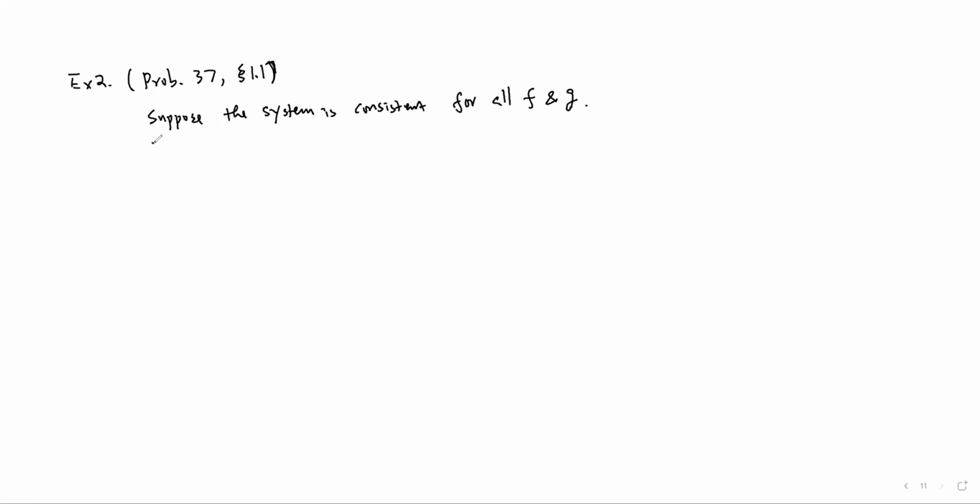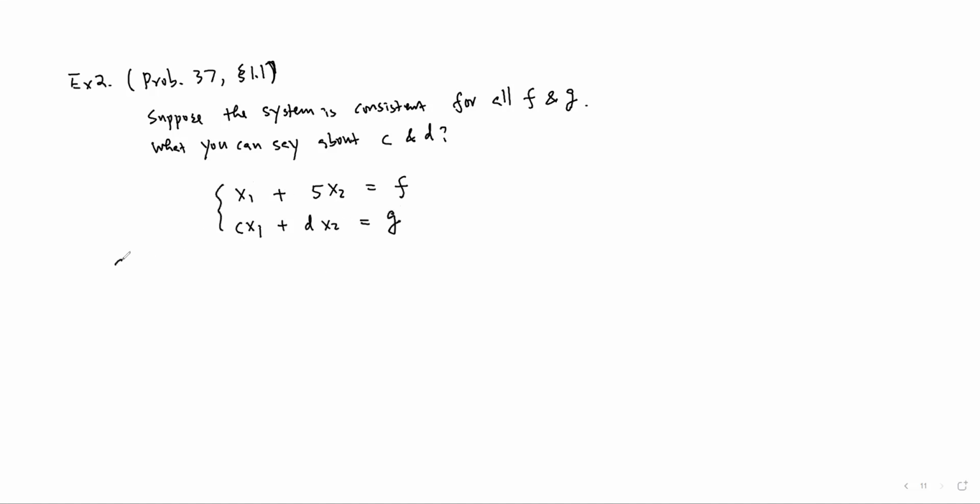What can you say about c and d? The linear system is x1 plus 5x2, right side is f. c x1, d x2, right side g.